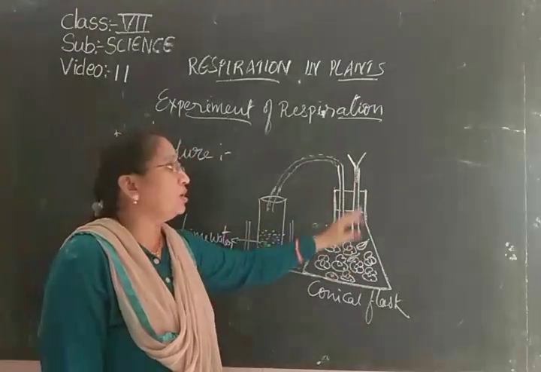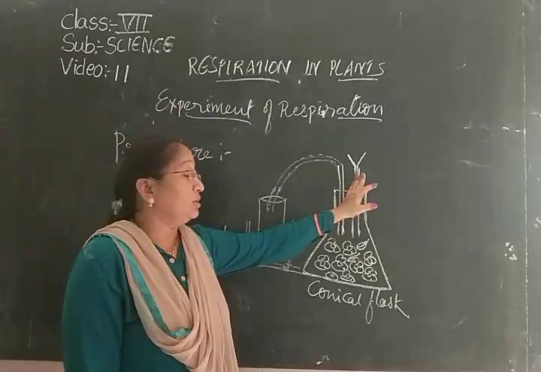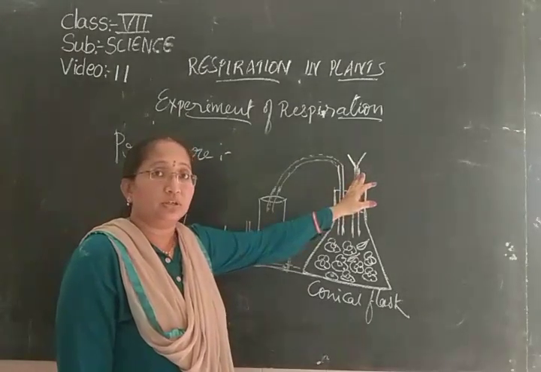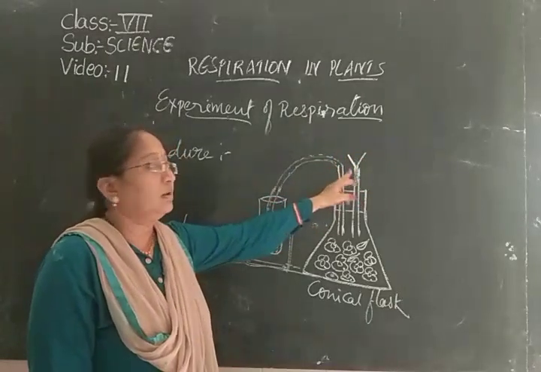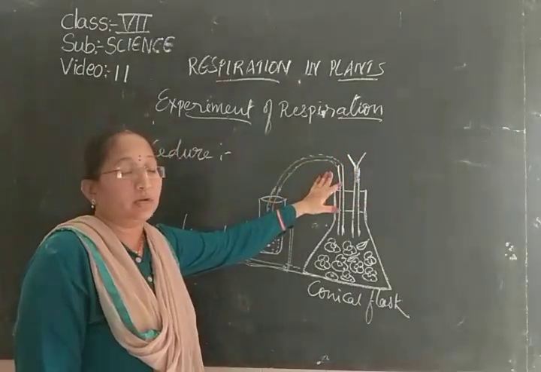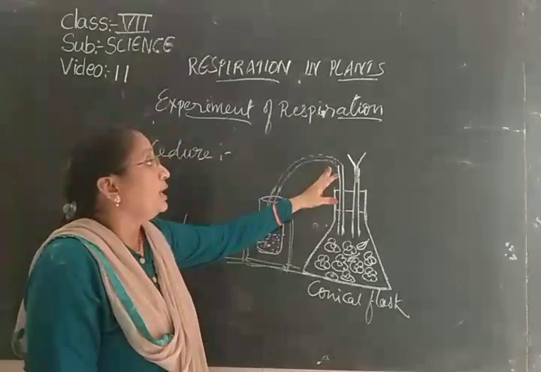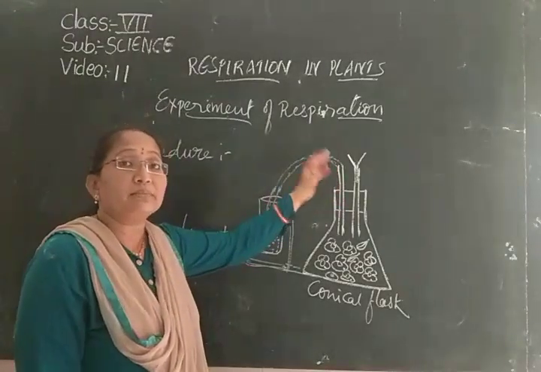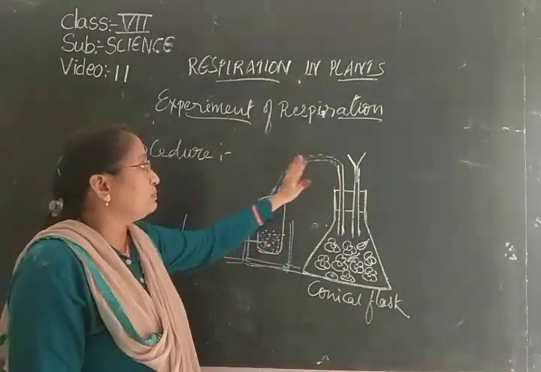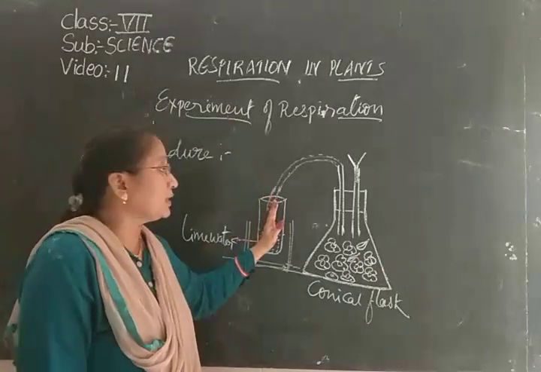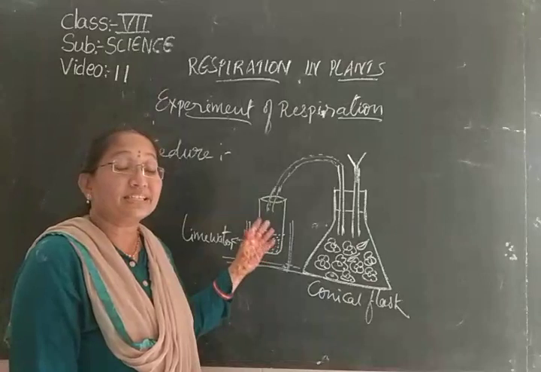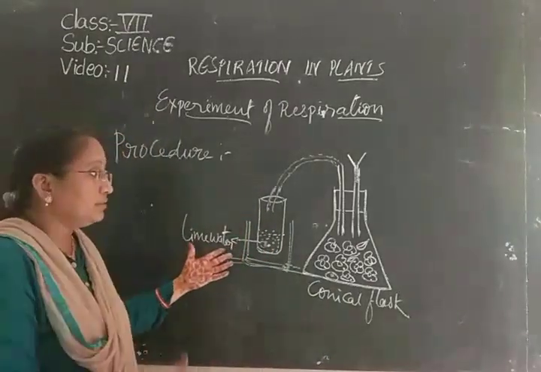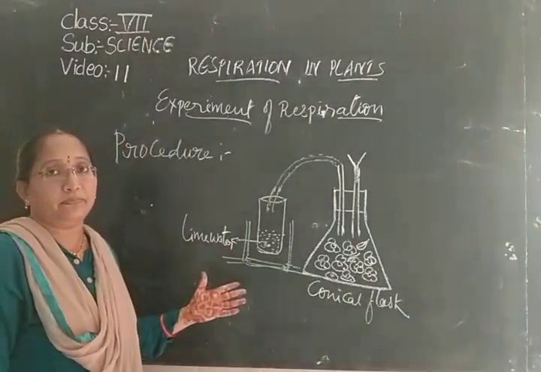Now to one of the glass tubes, you must keep the funnel on the top, and to another glass tube, you must arrange a rubber tube that is passing into the test tube which contains lime water. Now this is the experimental setup.